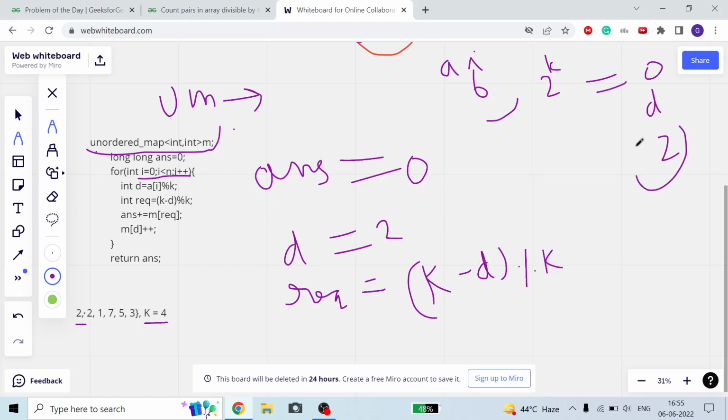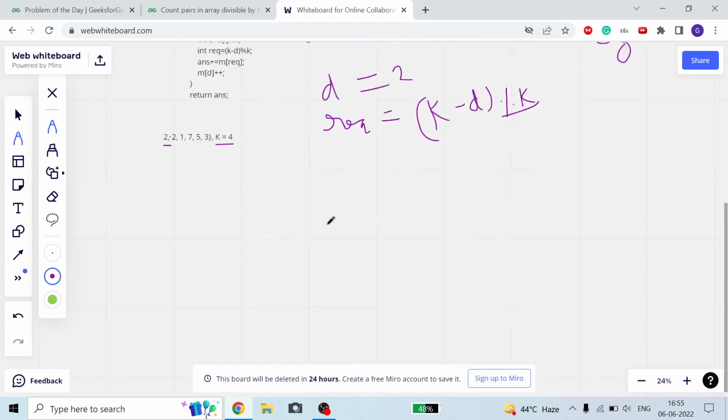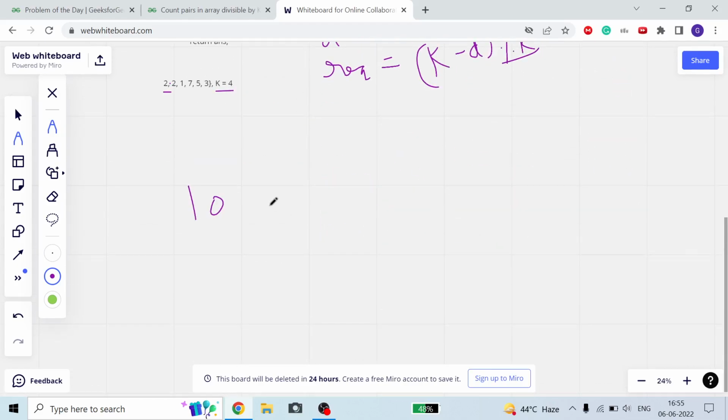But in actual we need only 0. Means if we don't take modulo, then what happens if we have an array like 10 and 6 and k as 2? For 6, our d is equal to 0, means the remainder after dividing 6 by 2 is 0, and the required factor will become k minus d, 2 minus 0, that is 2.